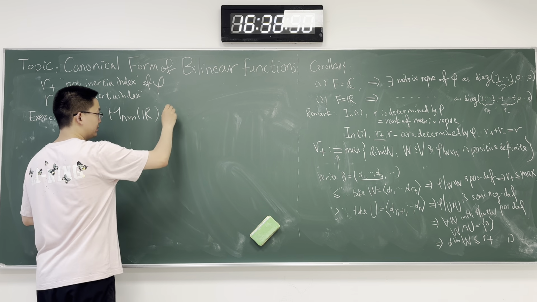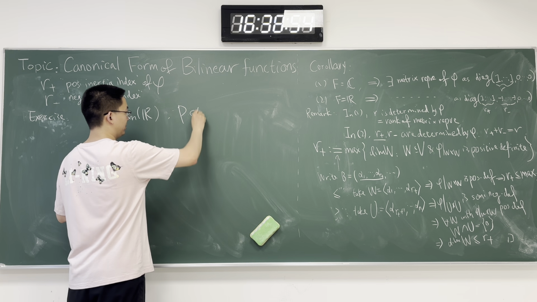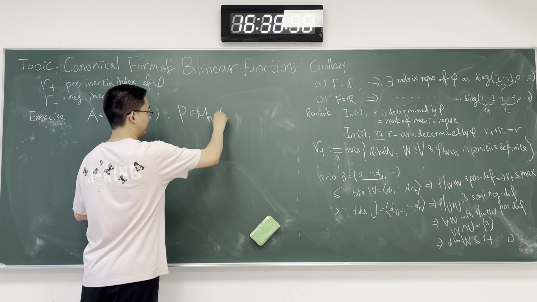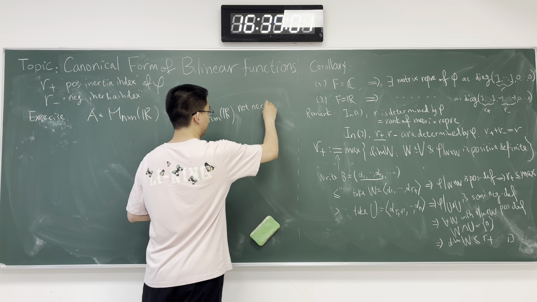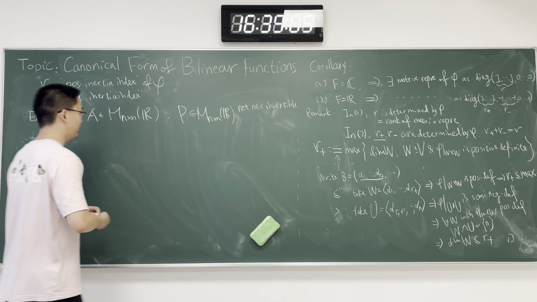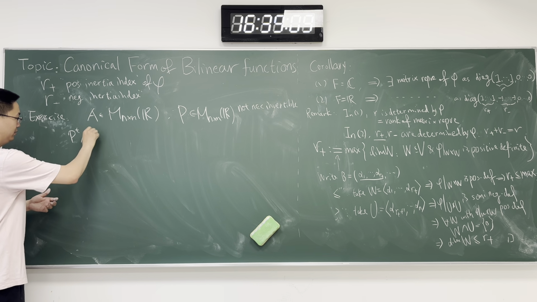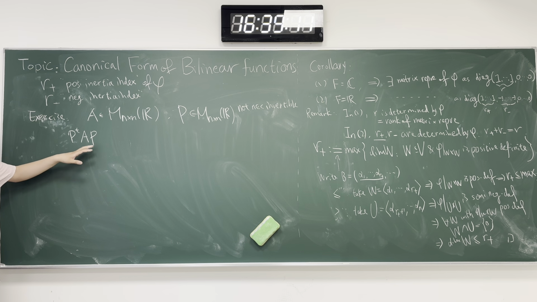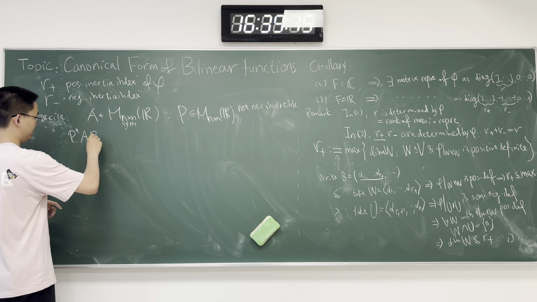Instead of picking an invertible matrix, we pick any matrix P, not necessarily invertible. Then we also consider the congruence by P, say P transpose times A times P. This is also symmetric if A is symmetric.